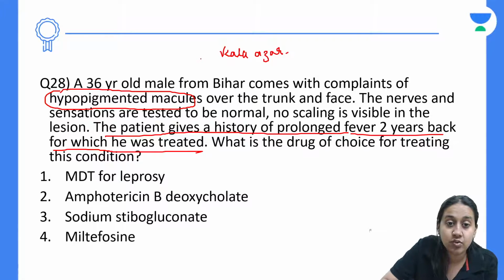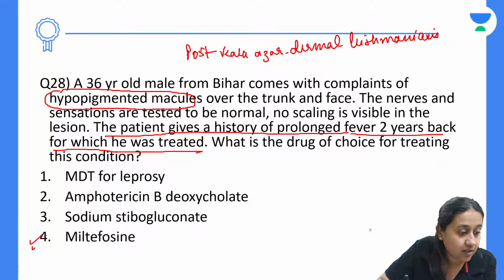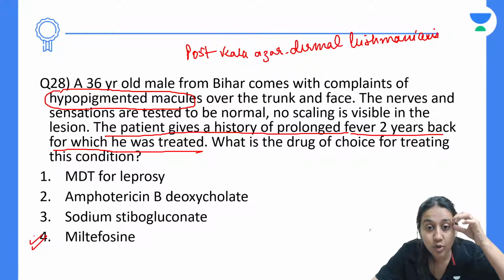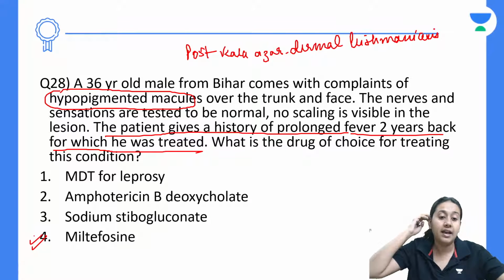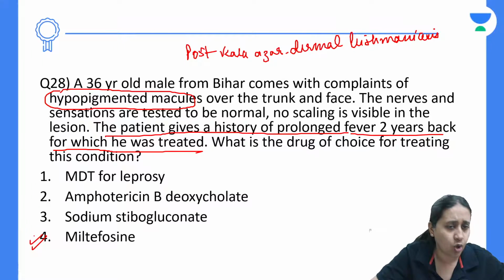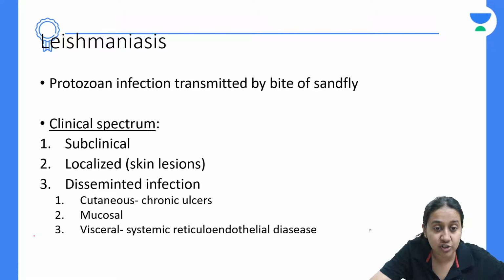This is something which is known as post Kala Azar dermal leishmaniasis. And this is treated by giving oral miltefosine to the patients. Clear? So prolonged fever present 2 years back, and now patient developing hypopigmented lesions with no scaling, normal sensation. It has to be a patient of post Kala Azar dermal leishmaniasis.